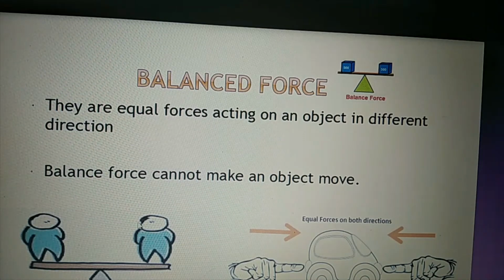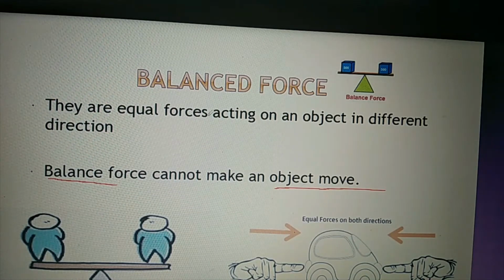So when we have force 1 equal to force 2, we say that we have balanced force. When we have balanced force, the object cannot move, because it's balanced. So we have balanced force when there are equal forces acting in different directions.